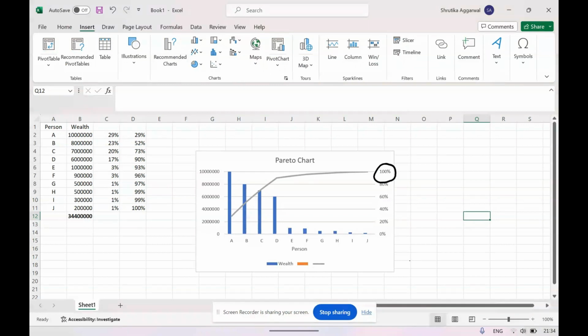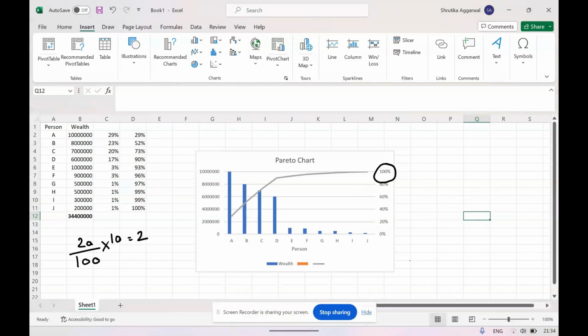At the beginning of the video, I said 20% of the people should contribute to 80% of my wealth. I have 10 people, so 20% of 10 is equal to 2.